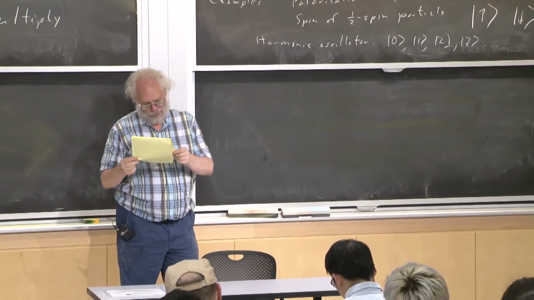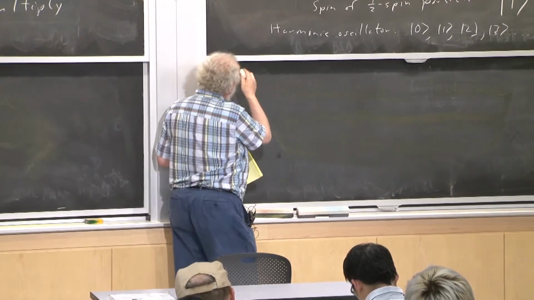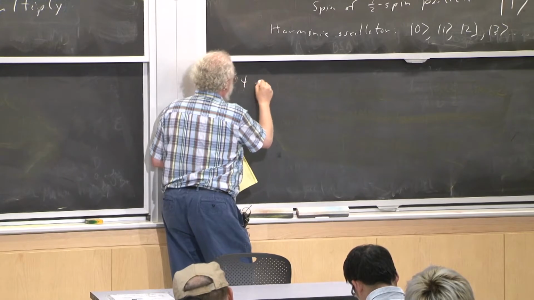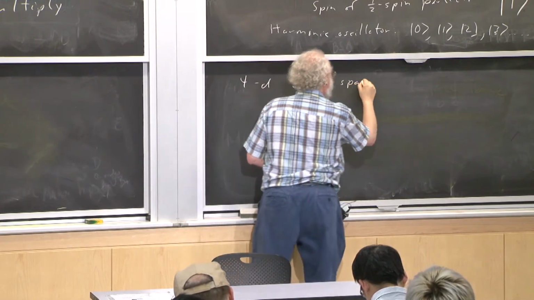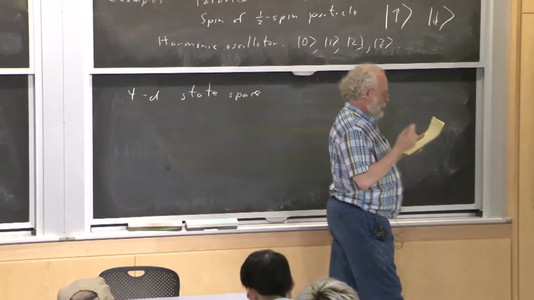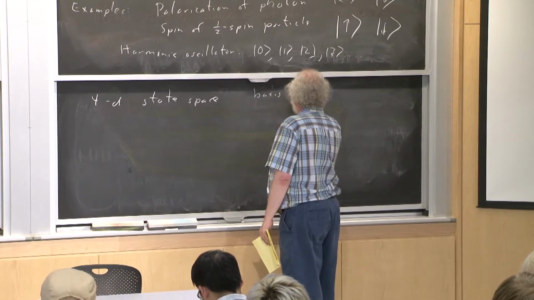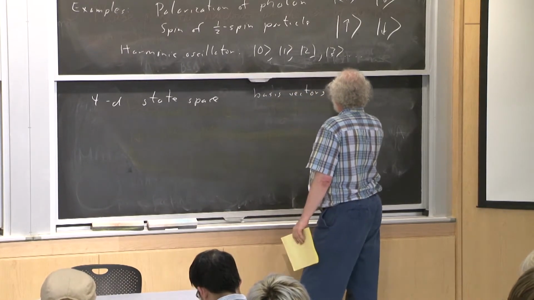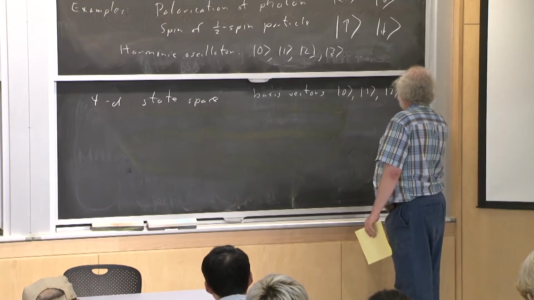So what now? Let's do an example of a four-dimensional state space, and let's call the basis vectors 0, 1, 2, 3.